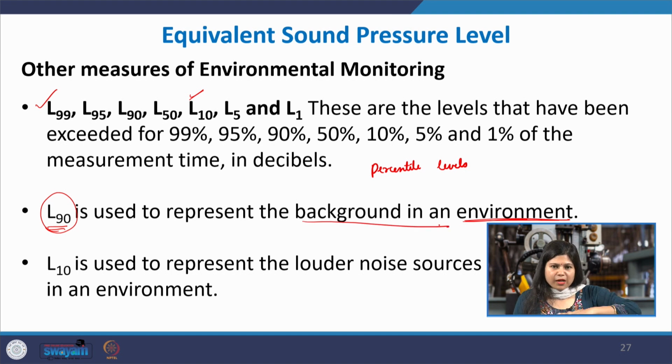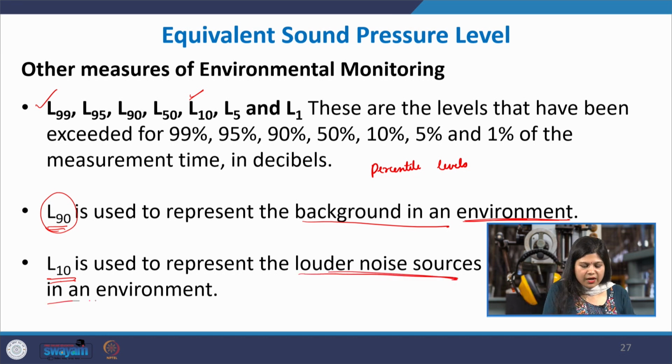This is the background level, when almost no nearby source is present. And similarly L10, which means only 10% of the time the pressure was higher than this level, represents louder or dominant noise sources of that environment.